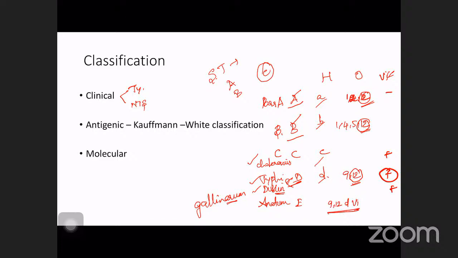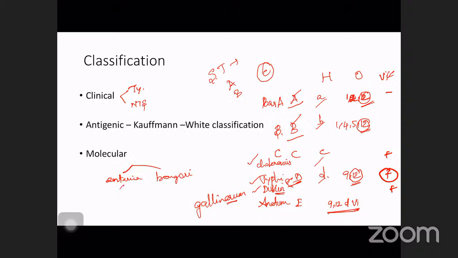Now coming to the molecular classification, according to DNA hybridization studies, Salmonella is classified into two species: Salmonella enterica and Salmonella bongori.